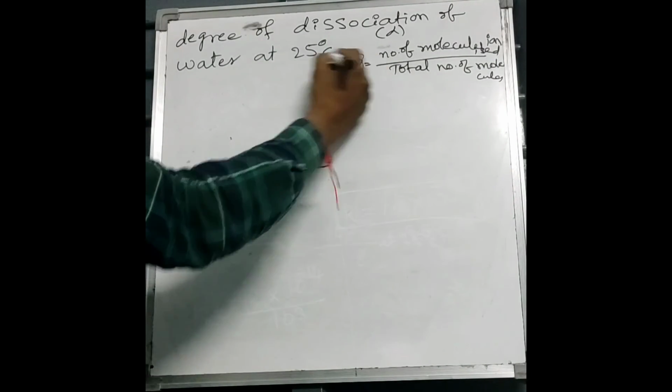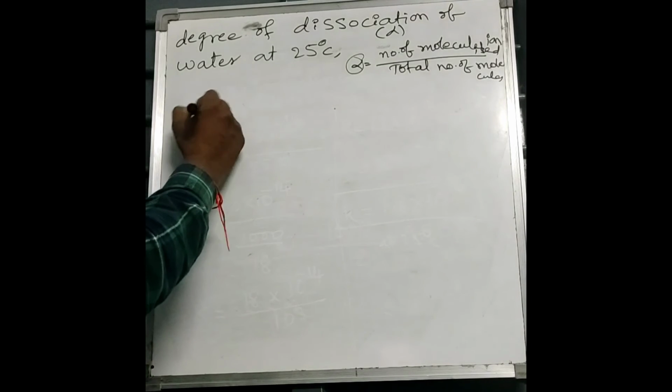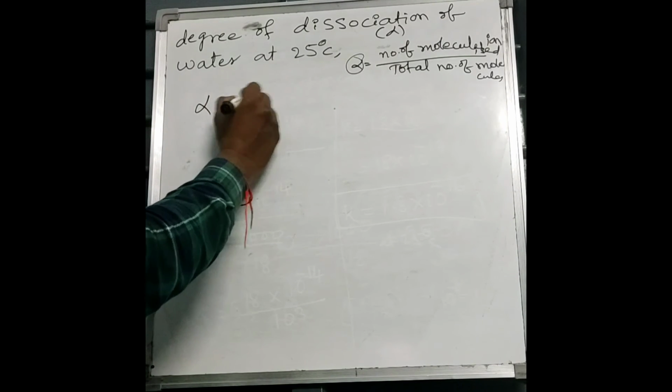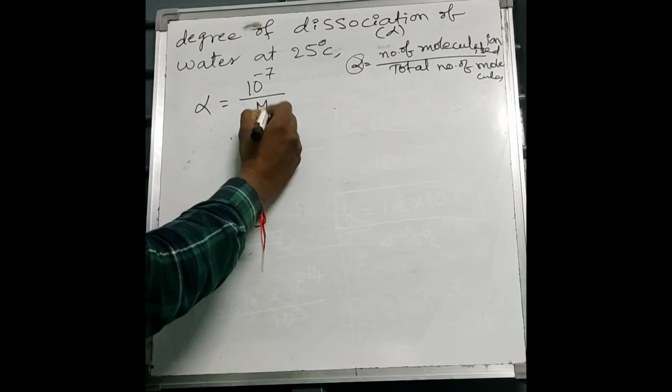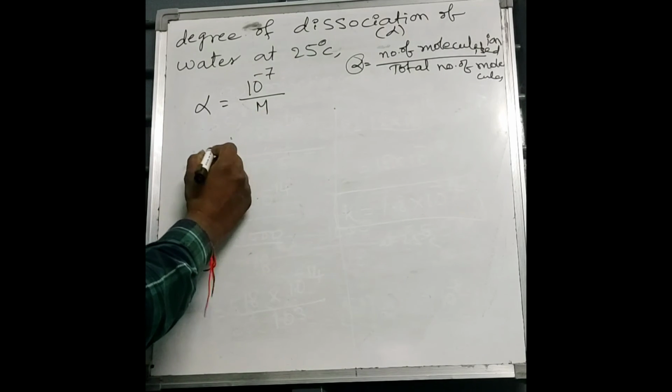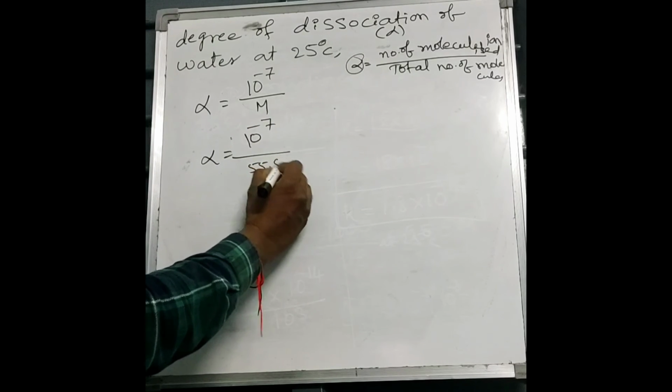So what is the alpha value for water? Now we will calculate. See, alpha is equal to either the concentration of H plus ion or OH minus ion, whose value we know, divided by the molarity of pure water. Alpha equals 10 power minus 7 by 55.5.